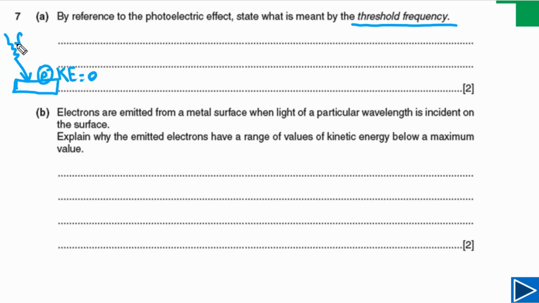The frequency of this electromagnetic radiation we call the threshold frequency, and this frequency is the minimum frequency of electromagnetic radiation we need for emission of electrons from a metal. So that minimum frequency is called threshold frequency.